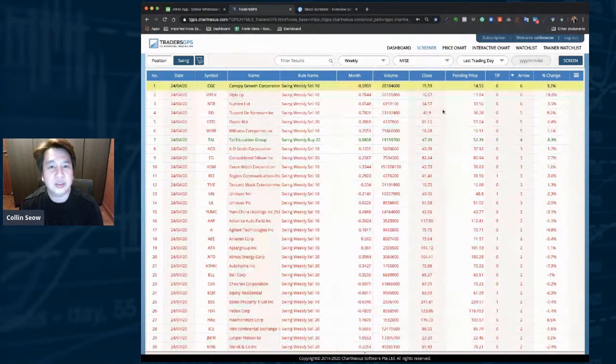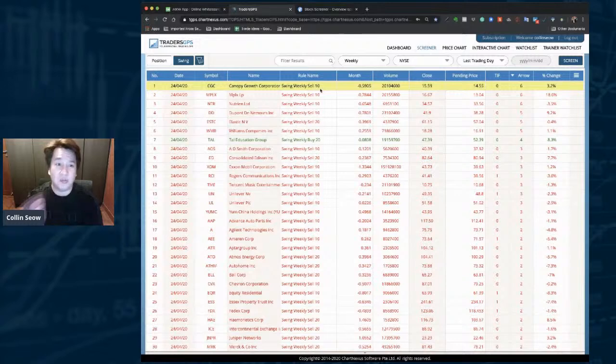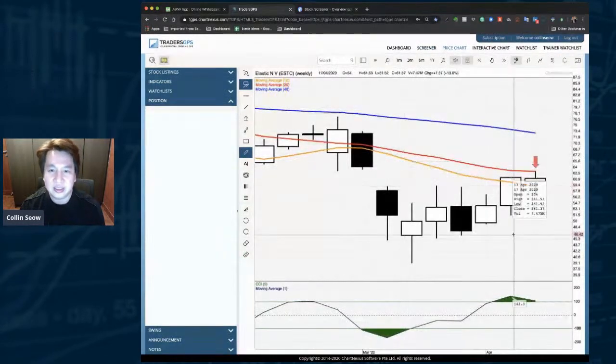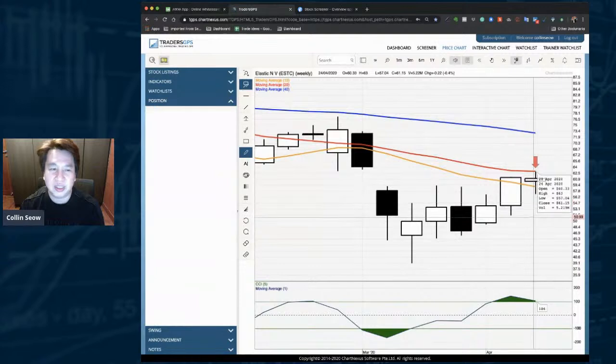Okay, very good. So we can look at some of these stocks over here. Let's look at one with 20. All these are 10. What I mean by 10 is they only touched the 10 MA but haven't gone above the 10 MA. This one touched the 20, or the price goes up and touches the 20.